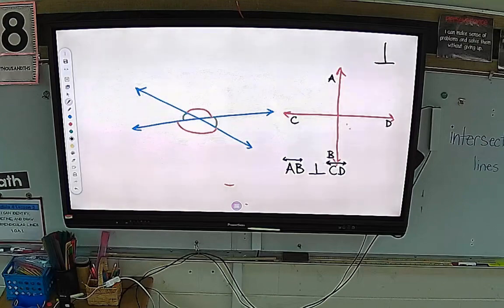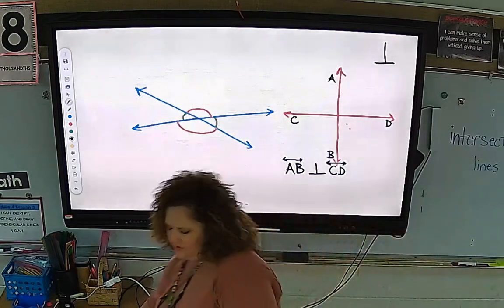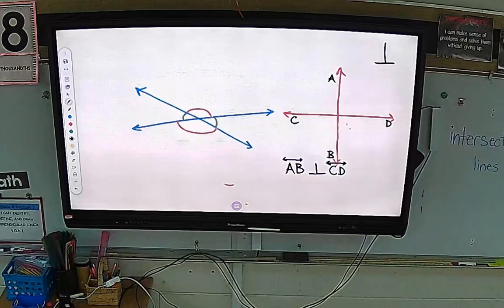Here's some fancy scratch paper. We are going to practice drawing these just a little bit.